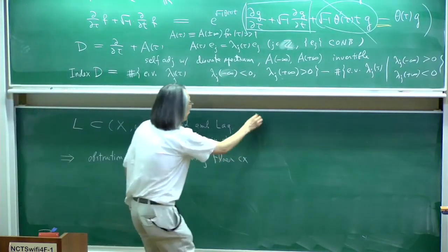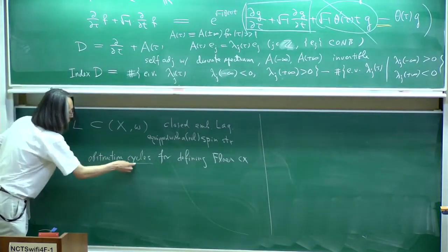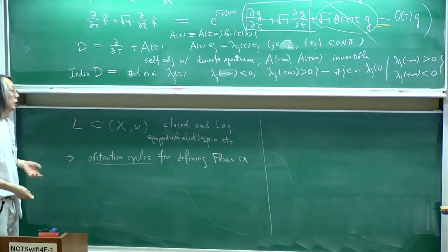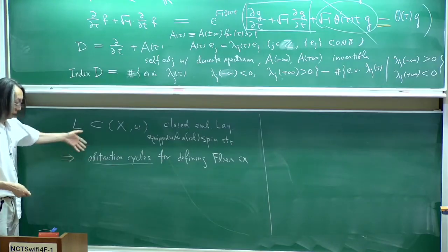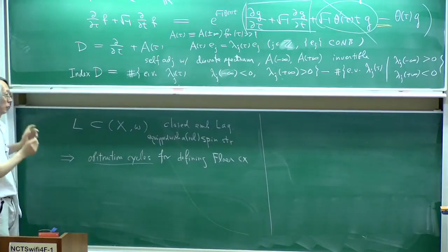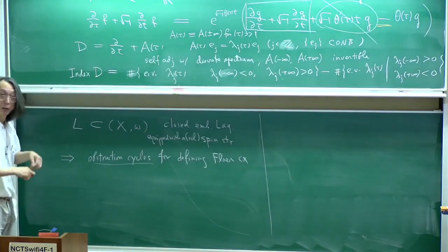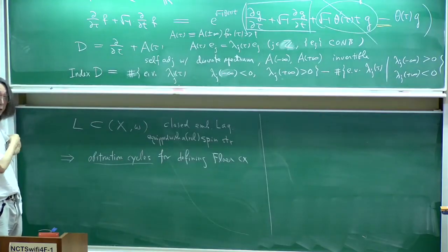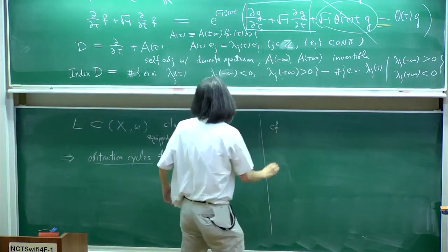So maybe I just explain our terminology, these obstruction cycles. As this name suggests, if all the obstruction cycles vanish, then we can actually find a way to define the Floer complex. That is obstruction cycles. But what does it mean?